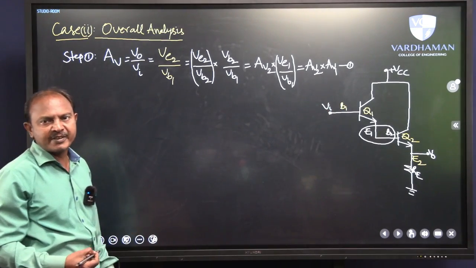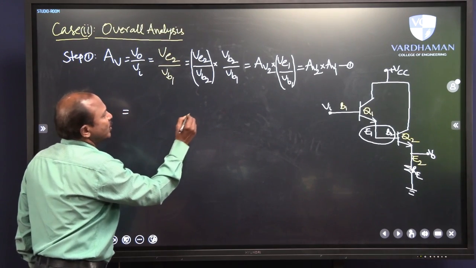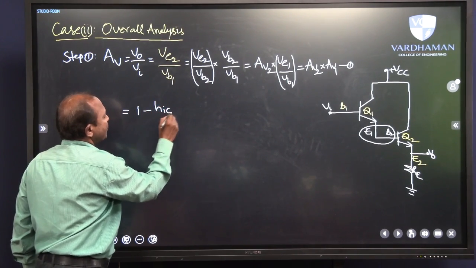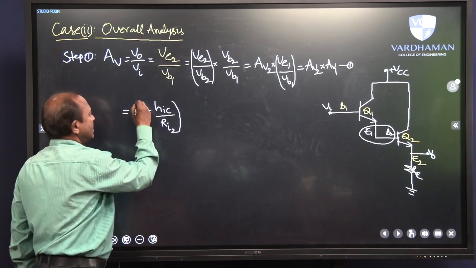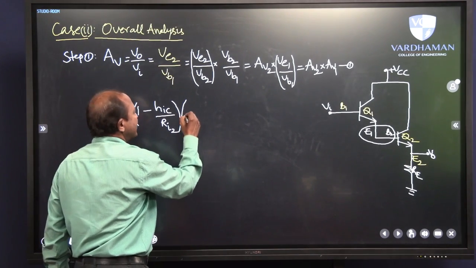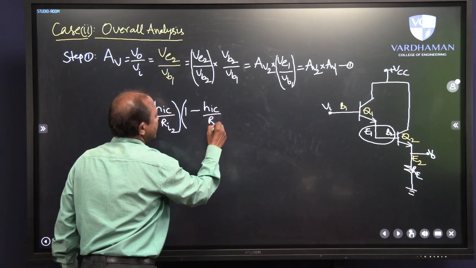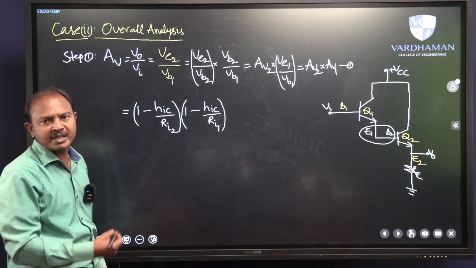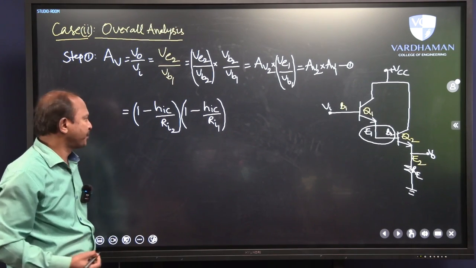Already we got equations for AV2 and AV1. Let us substitute those equations here. We got AV2 as 1 minus HIC by RI2. Similarly, voltage gain of first stage is 1 minus HIC by RI1. These are the values of AV2 and AV1 respectively we got in the previous analysis we have made in case 1 and case 2.